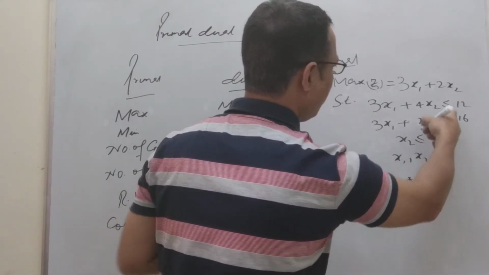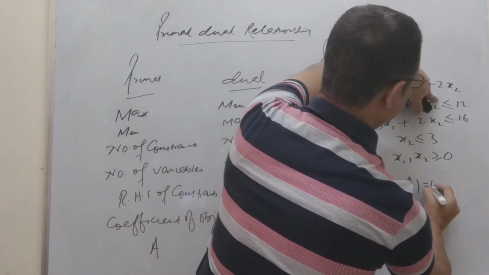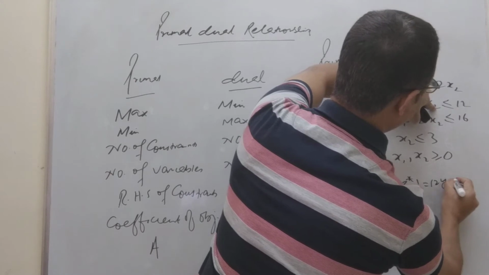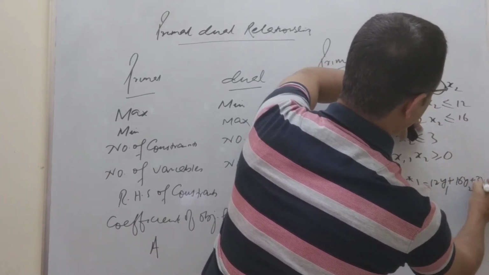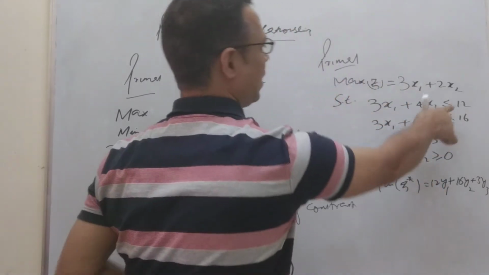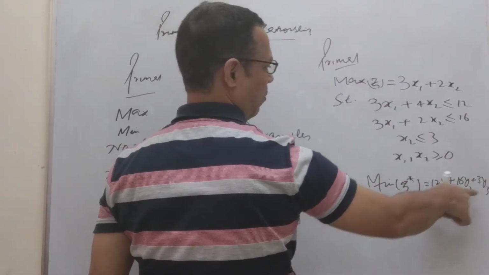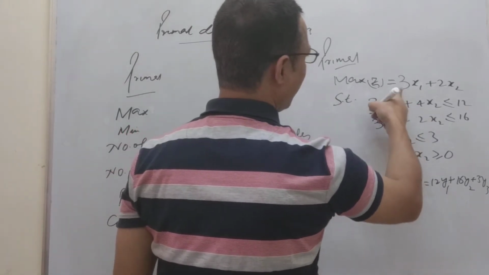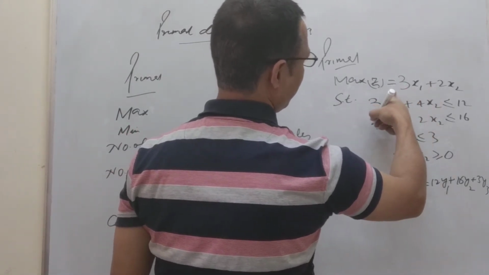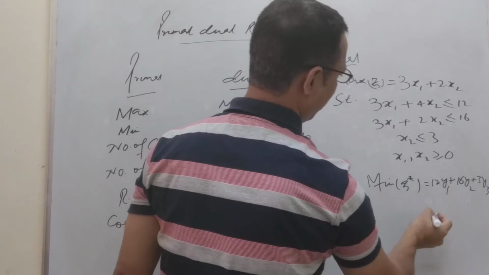So now the objective function is 12 y1 plus 16 y2 plus 3 y3. So the right hand side constants have become the coefficients of the objective function for its dual, and the coefficients of the objective function will become the right hand side of the constraints.